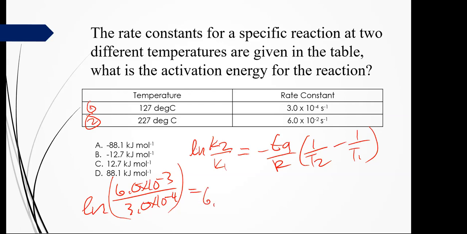So I get something like 6.396 is equal to negative Ea. And then for our R, we should be using that 8.314 joules per mole Kelvin. And then I need to turn both of these temperatures into Kelvin.